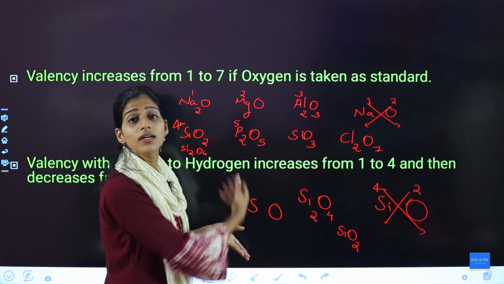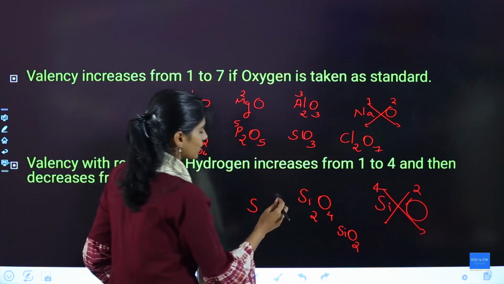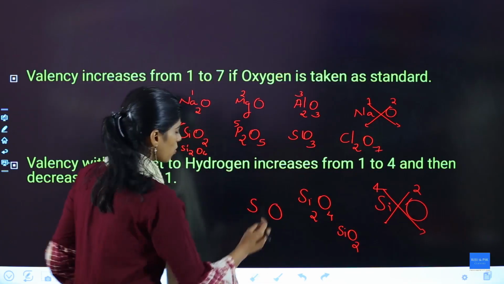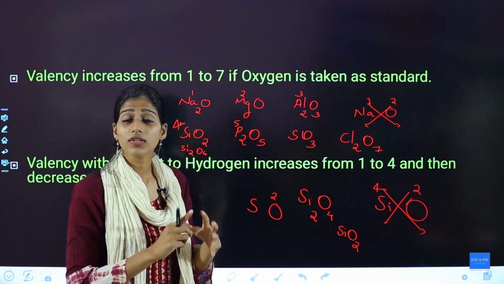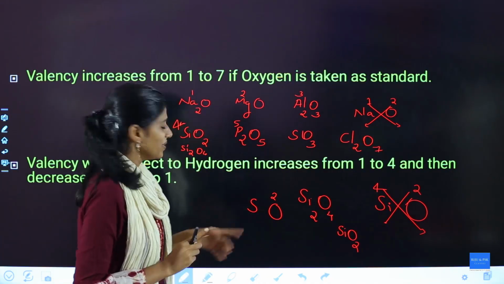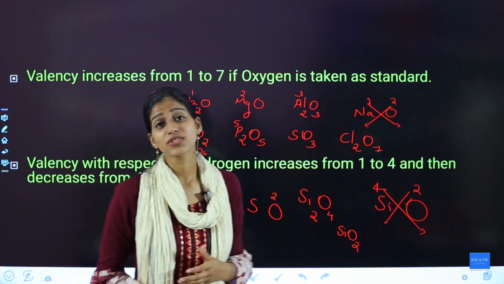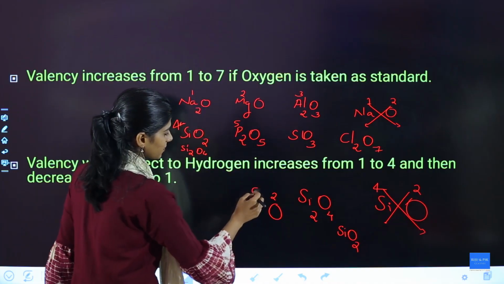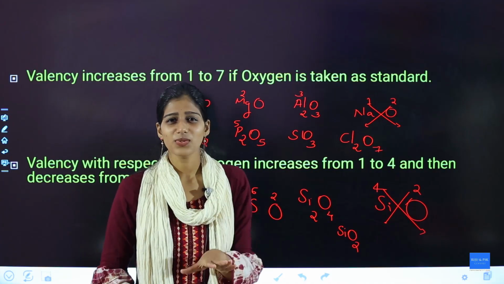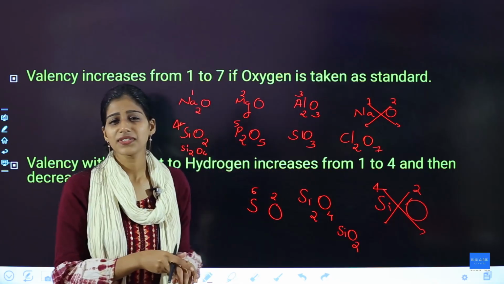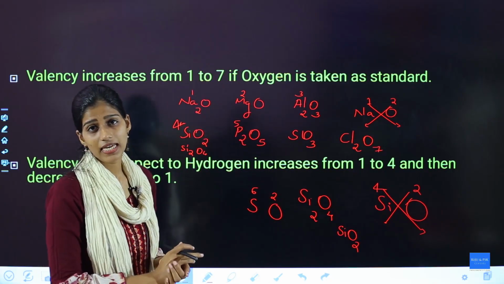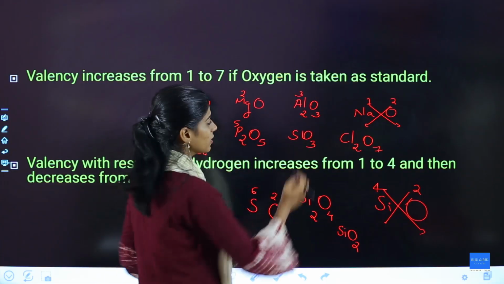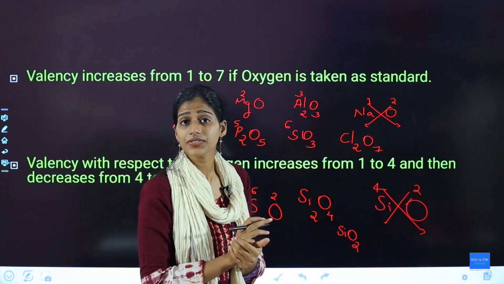You have to consider oxygen as more negative, so we assume oxygen is gaining 2 electrons and its valency here is 2. The valency of sulfur is its group number itself, 6. Hope you do not get confused with the very old definition of valency. We are here taking oxygen as the standard. So that is how you got S2O6, which is SO3. Sulfur here has a valency of 6.